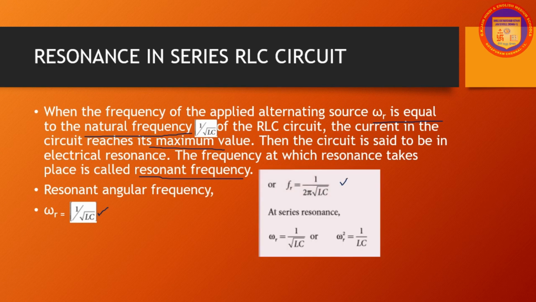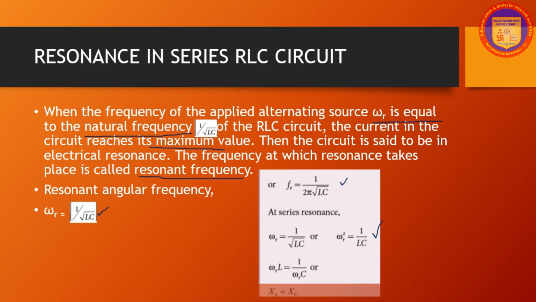At series resonance, omega R is equal to 1 by square root of LC. If we square both the sides, we'll get omega R square is equal to 1 by LC. So, taking L to the left hand side and omega R to the right, we'll get omega R L is equal to 1 by omega R C. This can be written as XL is equal to XC.